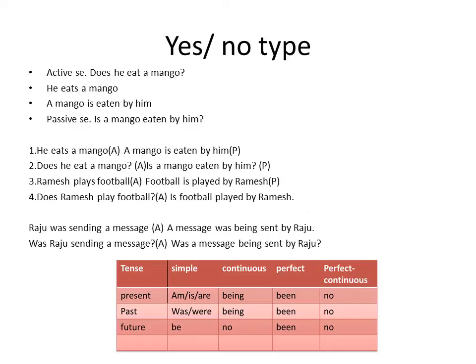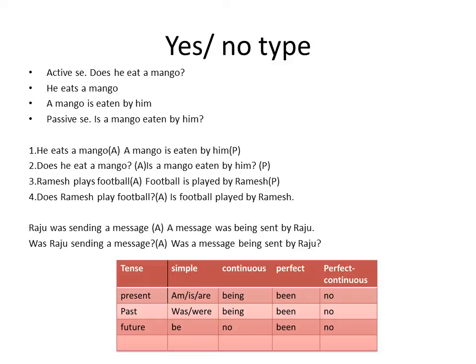And the second clue is that we have to answer that question by yes or no. We can answer by yes, he does eat a mango, or no, he doesn't eat a mango. So it is a yes/no type question.